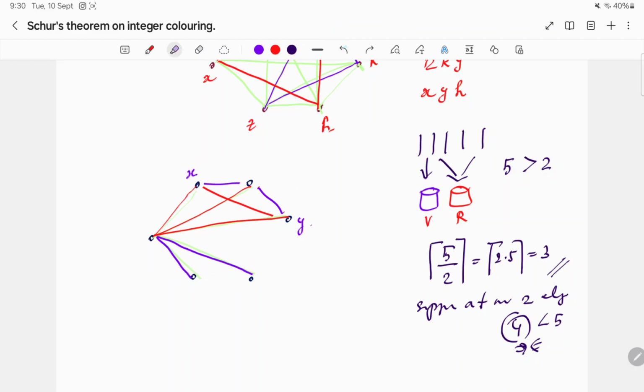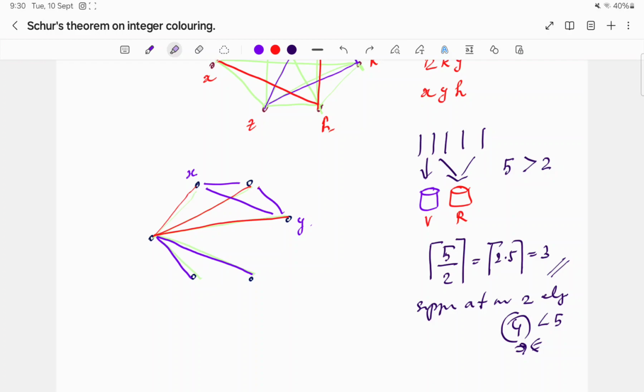If they are not friends, there is a violet edge. That means then also there is a triangle. So in either case you will form a triangle, right? So that's the proof for this particular theorem. So whenever there are 6 people, either 3 mutual friends or 3 mutual non-friends.